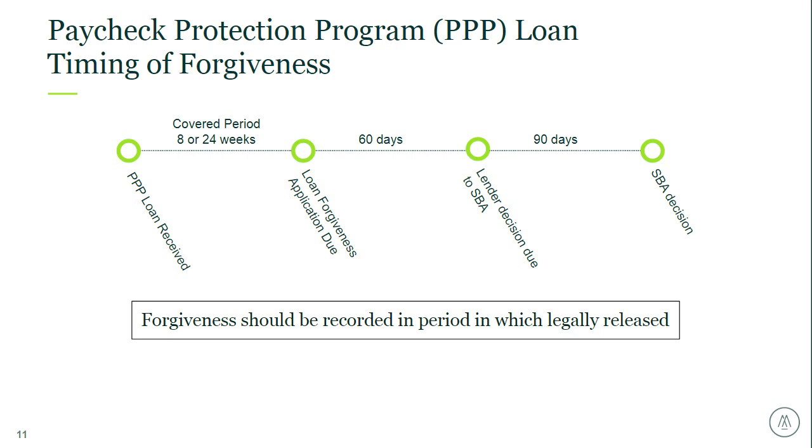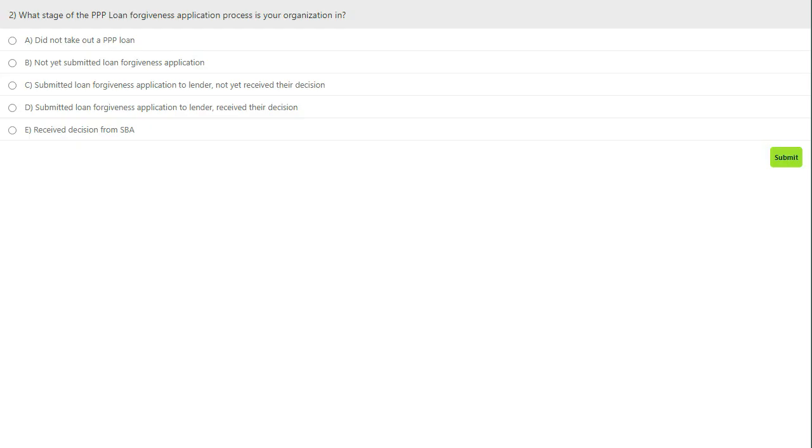All right, so with that, I would like to take a quick pulse with our question number 2 here. Our second polling question is, what stage of the PPP loan forgiveness application process is your organization in? A, did not take out a PPP loan. B, not yet submitted loan forgiveness application.